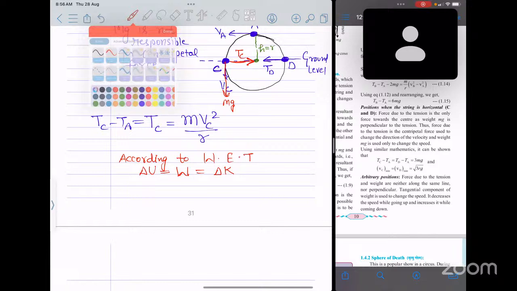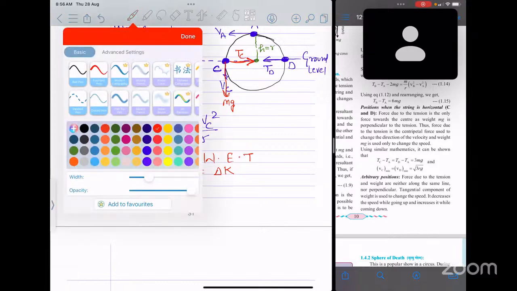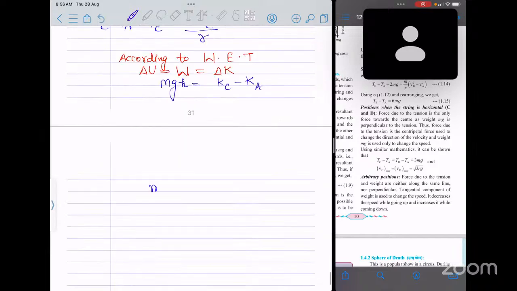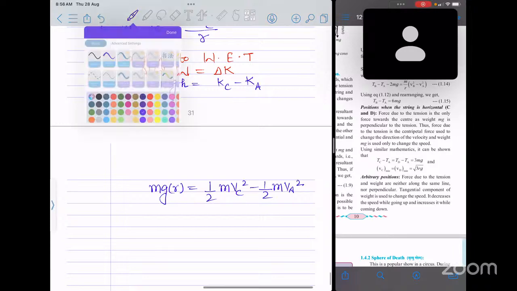The change in potential energy will be mgh, which is equal to K final minus K initial. So mg times height R is equal to 1 by 2 m VC square minus 1 by 2 m VA square. Again, the m factor will cancel out.